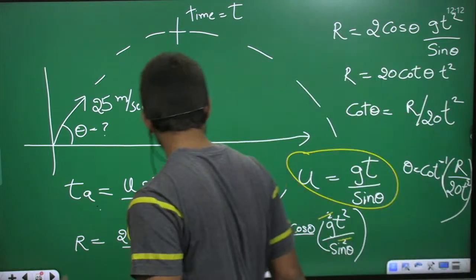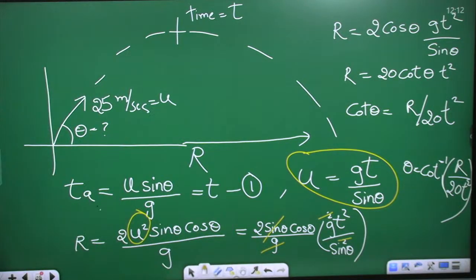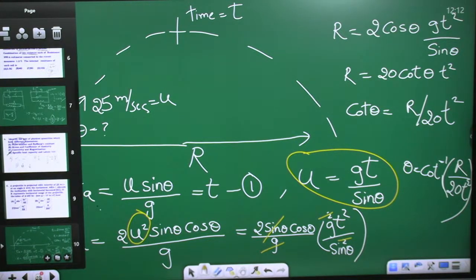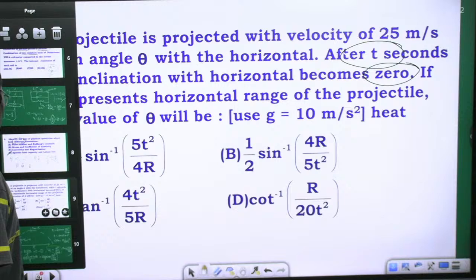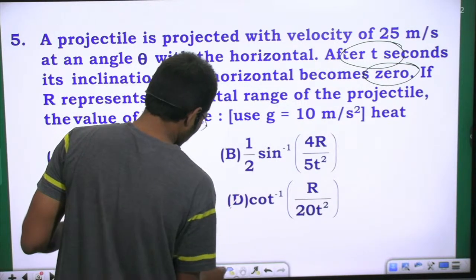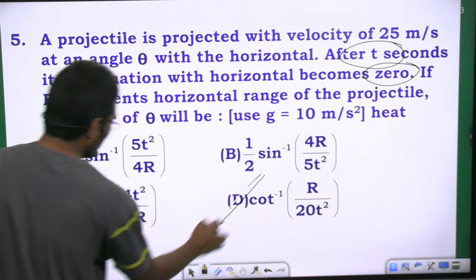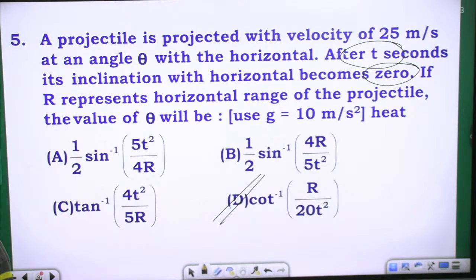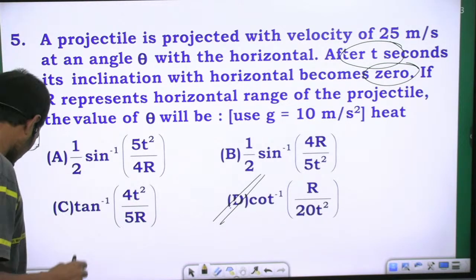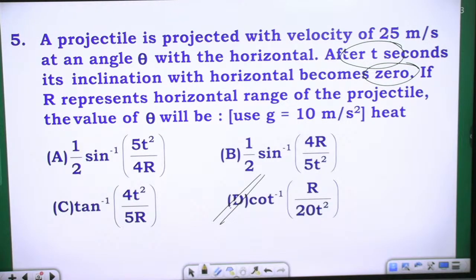So theta is equal to cot inverse of R by 20 t square. I guess we have that in option D, right? We have R by 20 t square. See, option D is correct. Come on, let's go to the next question.